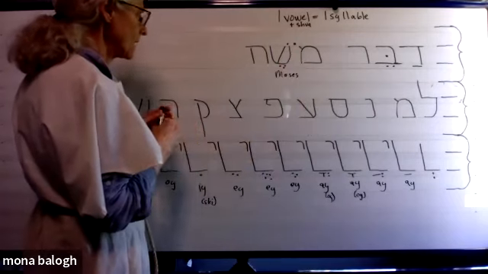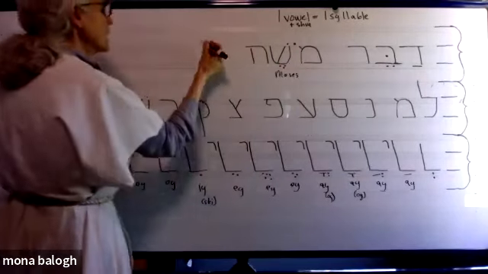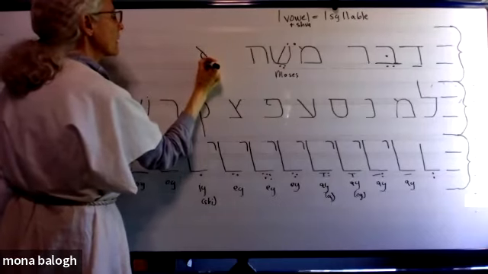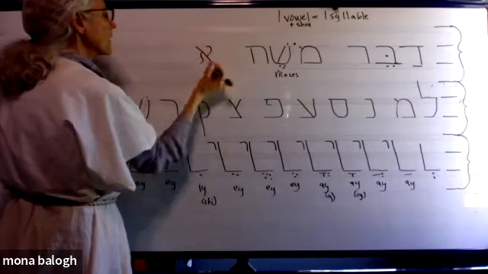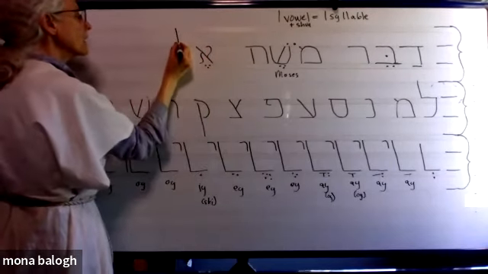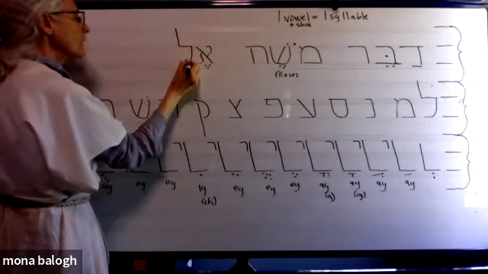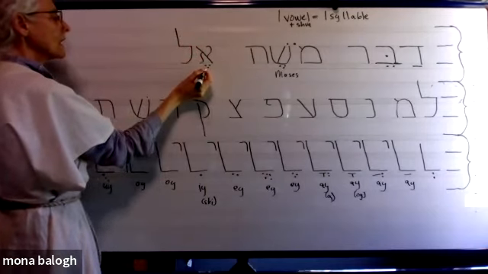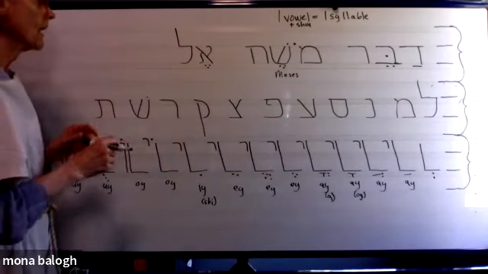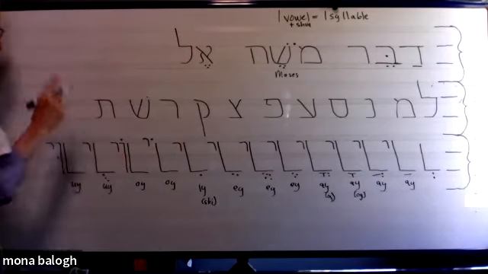Okay, now here's another one. Aleph, segol, lamed. How do you think you pronounce that? El. Here you go. El. And let's do a difficult one.